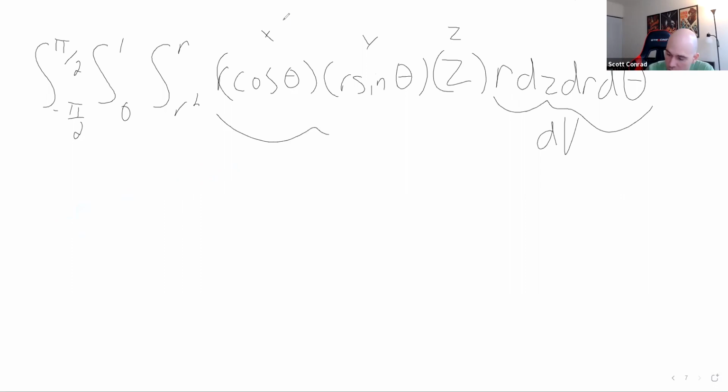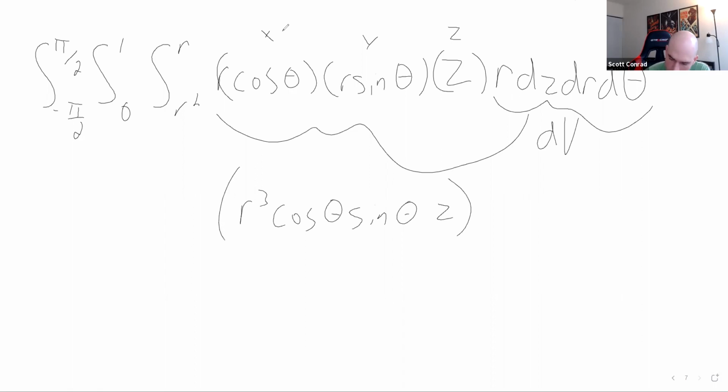If we wanted to evaluate, which we're not going to do, just multiply everything through. So we get r times r times r, so we get r cubed cos theta sine theta times z. Or let me just say like r cubed z. And then we'd integrate, as usual.